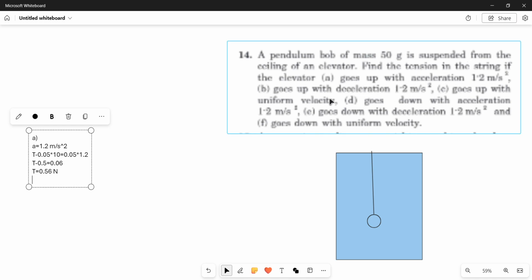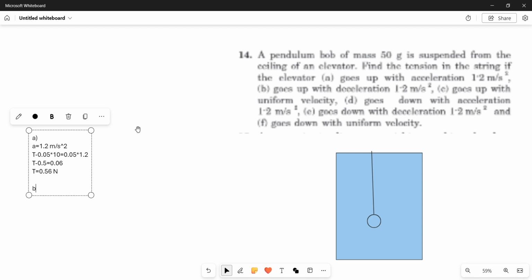Now let's start solving part B. It says that it goes up with deceleration 1.2 meter per second square. So for part B, acceleration a is equal to minus 1.2 meter per second square. So it becomes tension T minus 0.05 into 10 should be equal to minus 0.05 into 1.2.